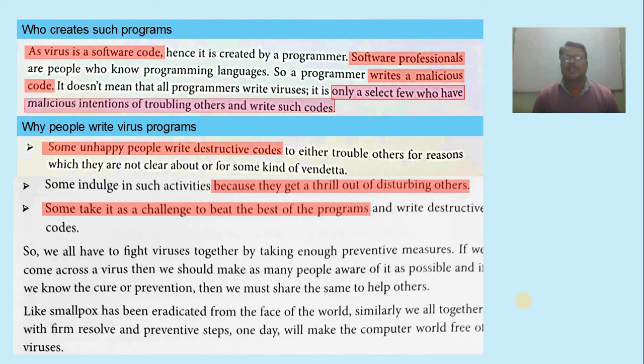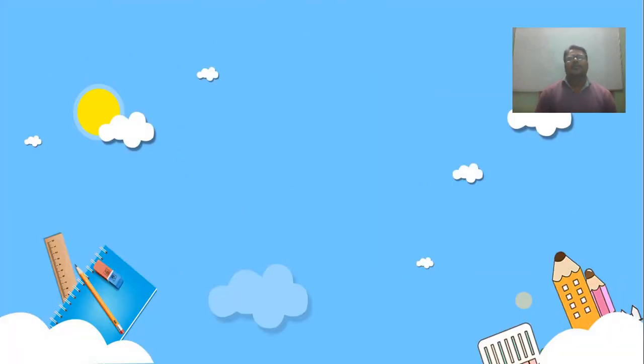They take it as a challenge: I will write the best program, I will crack it, and I will destroy this program. These are the people with this type of thinking, and they are computer professionals doing this kind of work.